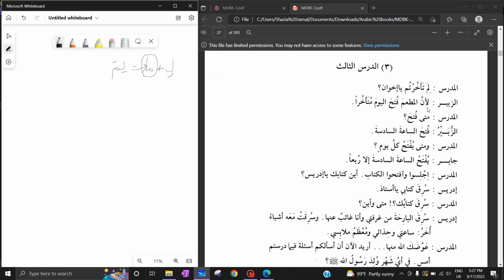Zubair says لأن المطعم. Mat'ama is restaurant, and li'anna is also a sister of inna. There are a lot of sisters, and one of them is li'anna. Li'anna means because.